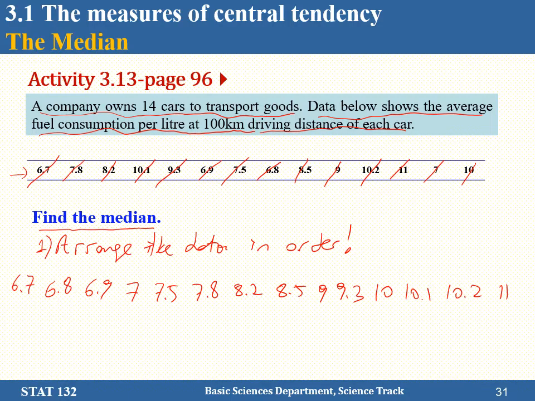Okay, and we can check if something is missing: 1, 2, 3, 4, 5, 6, 7, 8, 9, 10, 11, 12, 13, 14.